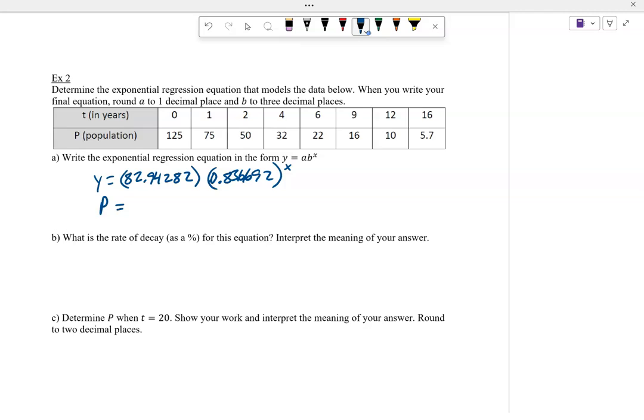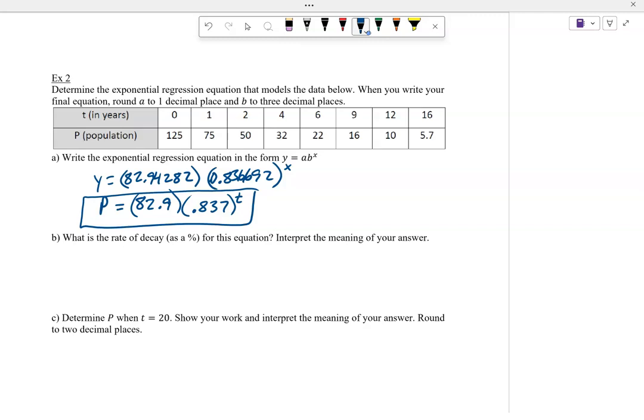P is our y value, and we'll round that to 82.9, and we'll round this to the thousandths, 0.837, to the time t in years. There's our exponential regression equation.